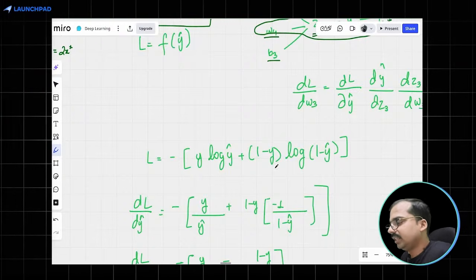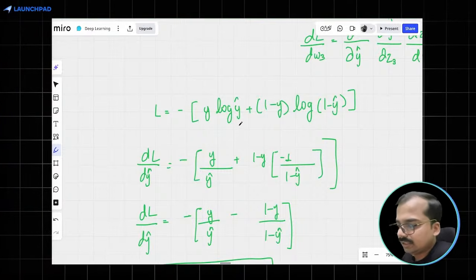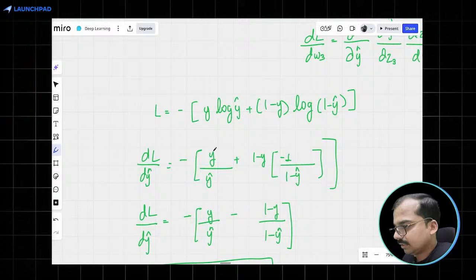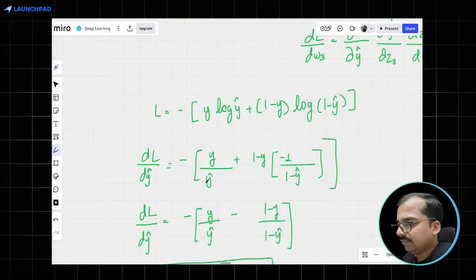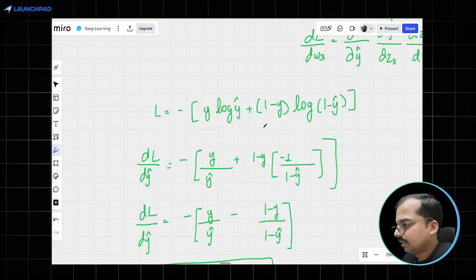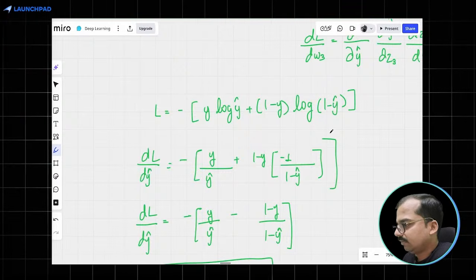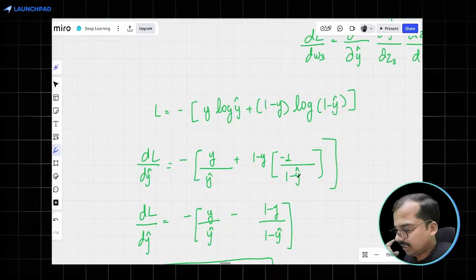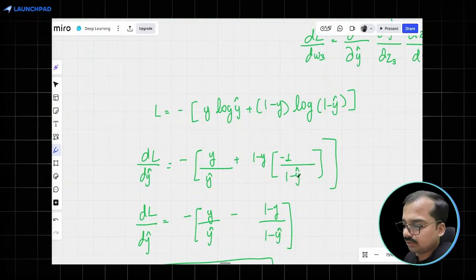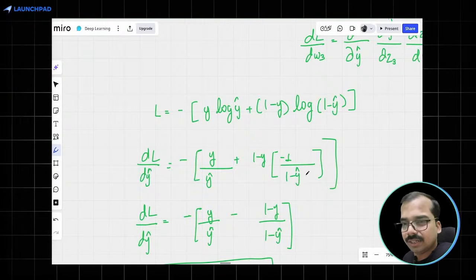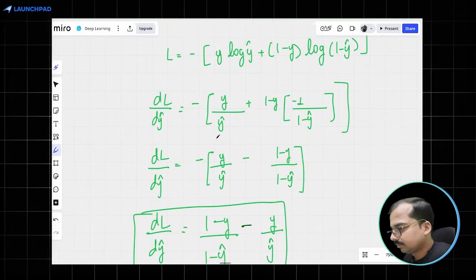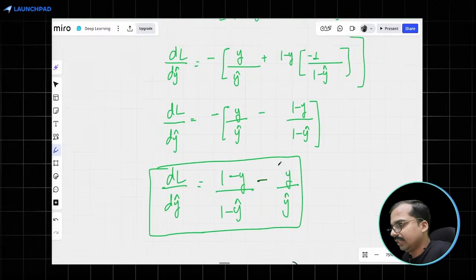So if I differentiate this with respect to y hat, considering y as constant, I'll basically get something like this. Y is constant, so the derivative of log y hat will be 1 by y hat, plus (1 minus y) is constant, and if I differentiate the log, it will be minus 1 upon 1 minus y hat. If you need a refresher on differentiation, it's quite easy differentiation over here. So I'll simplify the entire equation and I'll get something like this.